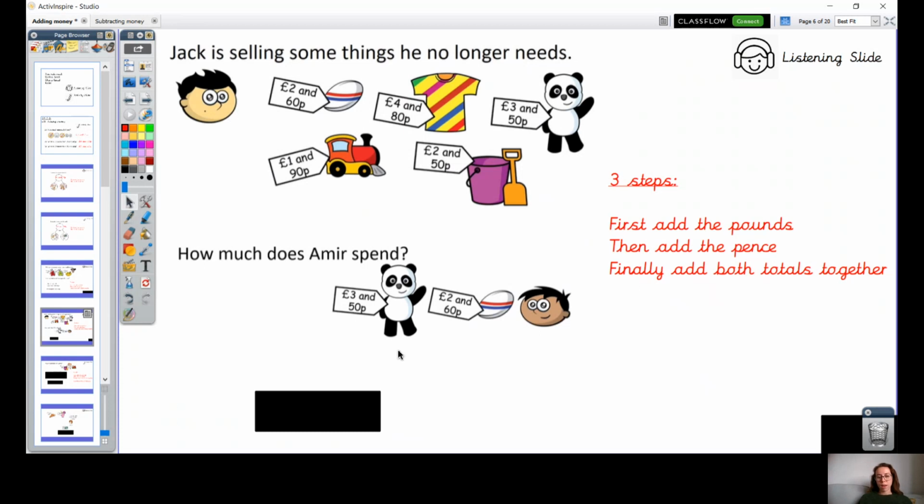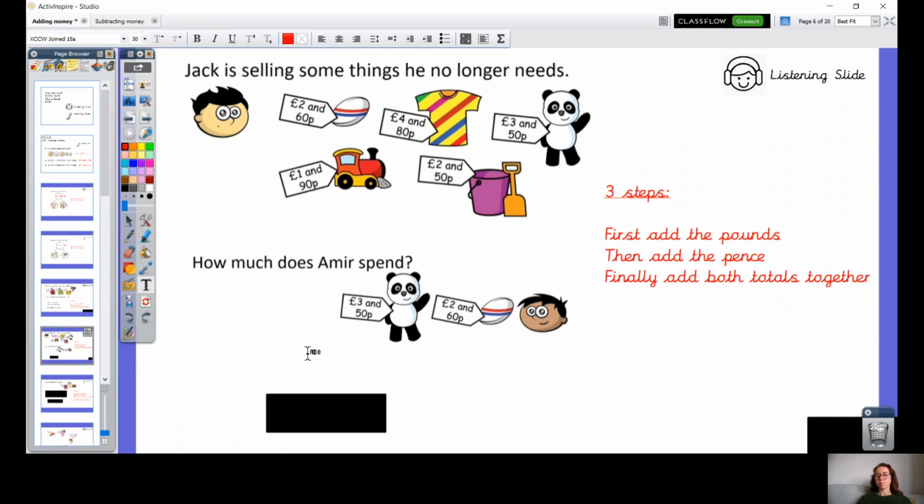We've got to find out how much does Amir spend altogether. So we're going to work through our steps here to help us answer this question. So just listening and thinking. First, add the pounds. I can see the panda costs £3 something and the rugby ball costs £2 something.